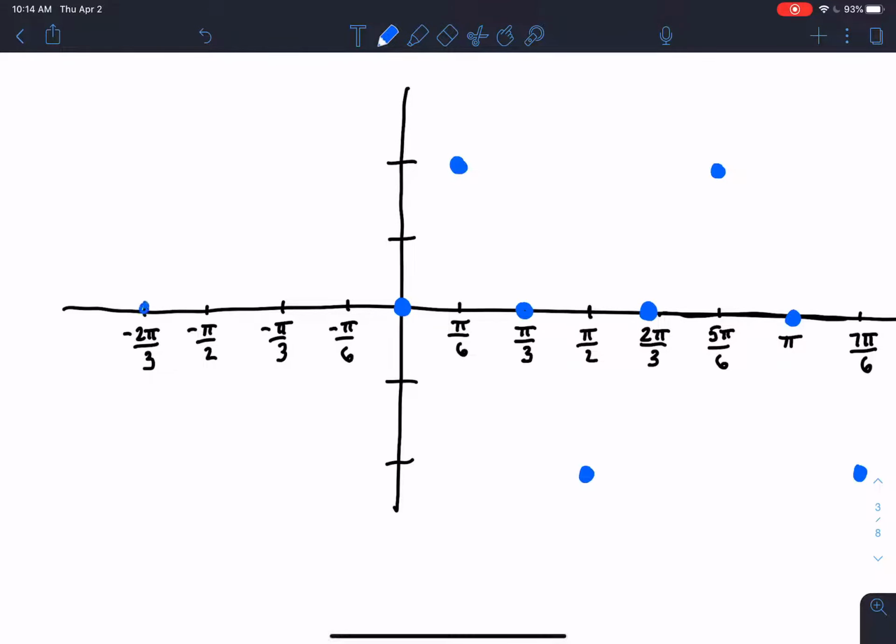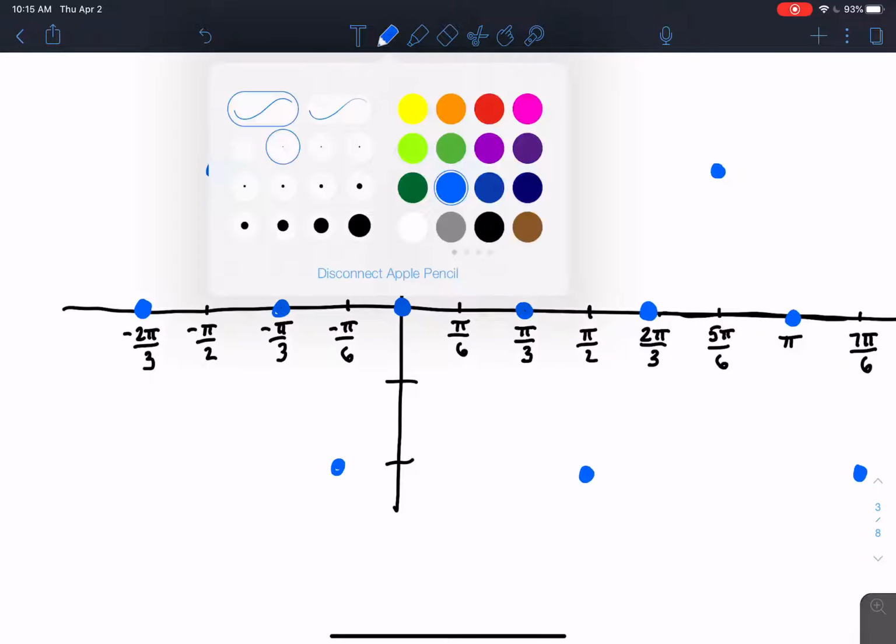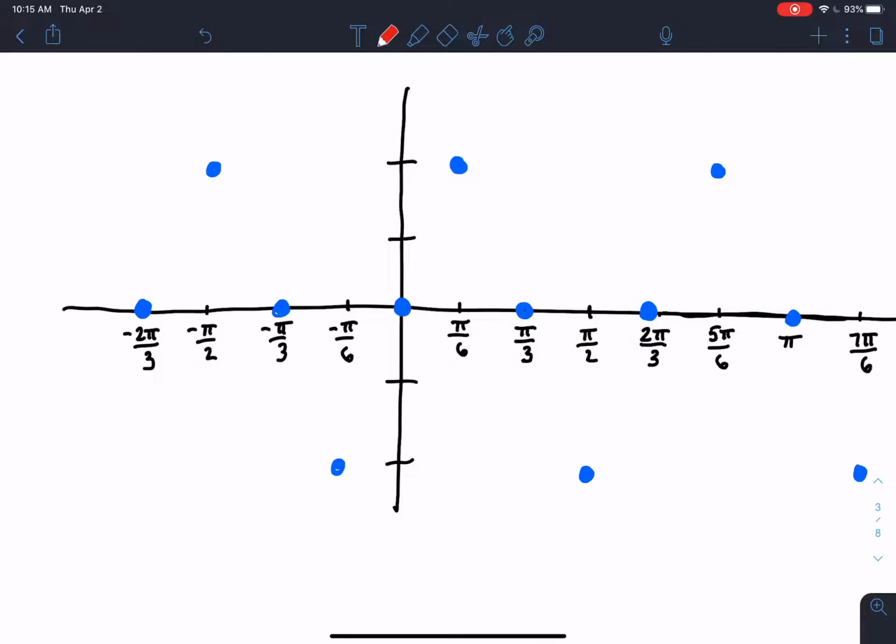So we would have axis, high, axis, low, axis. Okay, so once you guys have your points, then you can just graph it. Okay, so it's going to come up, come back down, all right.